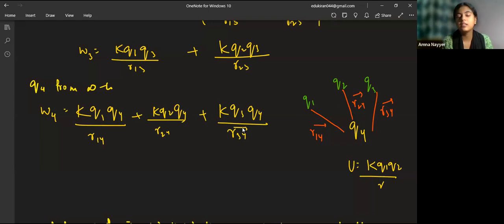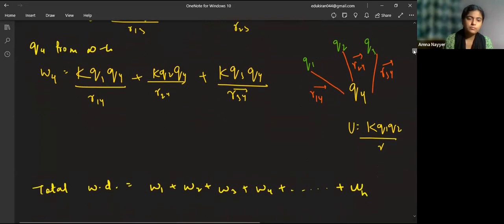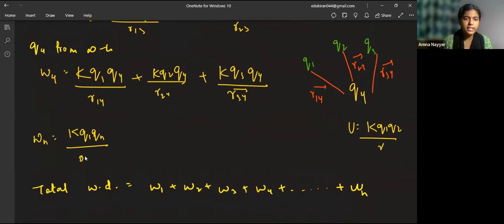You have obtained W4. For W5, the fifth one, what will you do? Again you will put Q5, then write down the charges that were present prior to Q5. But if the charges are given in a large number where it is difficult to write them all, a simple trick is to write this for the nth: Q1 Qn divided by R1n, plus whatever is the charge that you have taken, then the second charge with that nth one, let's say 5, 6, 7, whichever n you are taking.